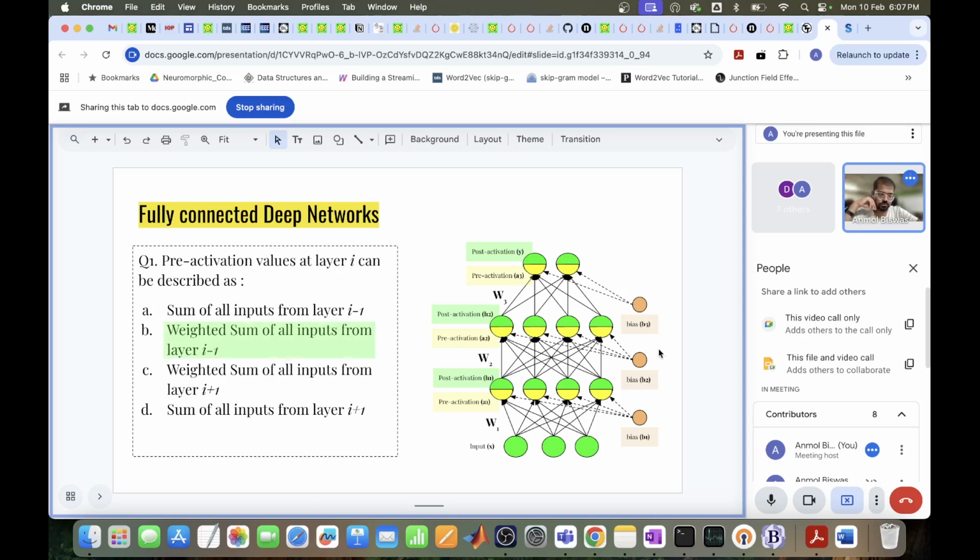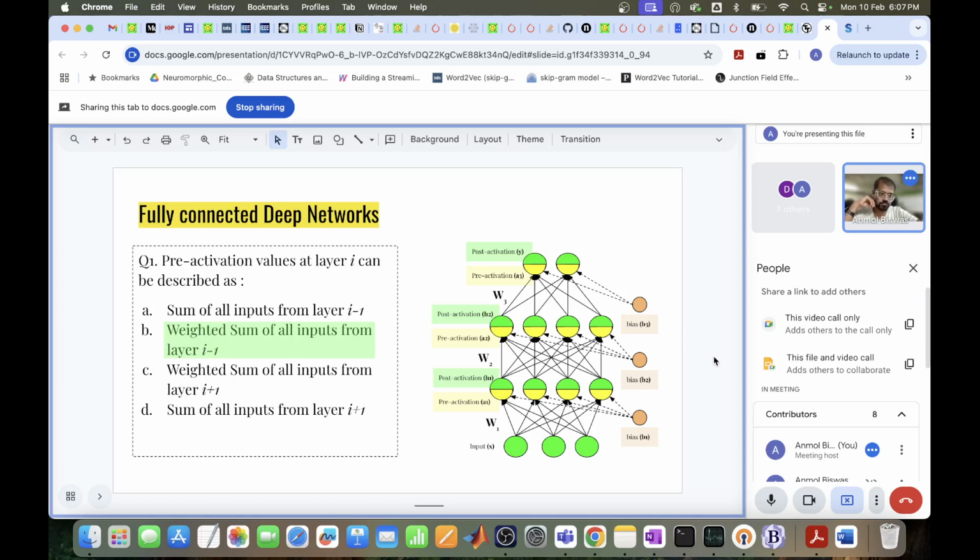And the bias is also added there. So here it's actually not just the weighted sum, but also including the bias, right?